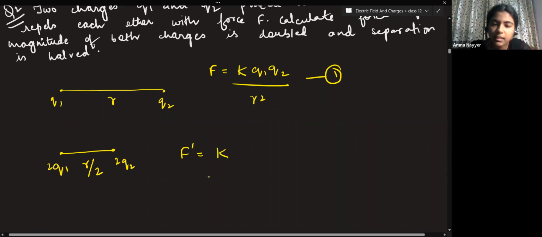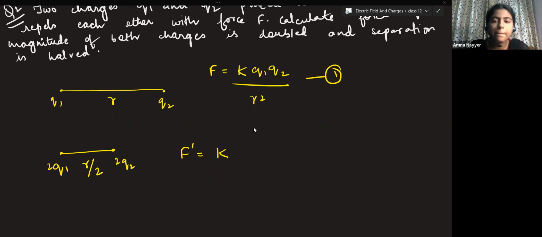Now K is the constant, that will remain the same, 9 into 10 to the power 9. Regarding the denominator, when r by 2 gets squared, it will be r square by 4.